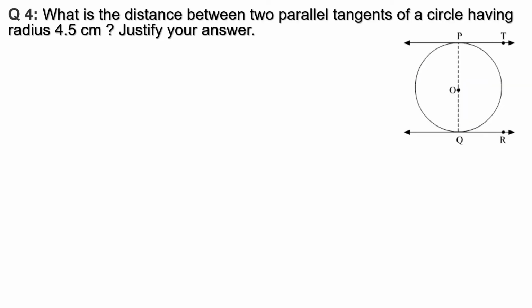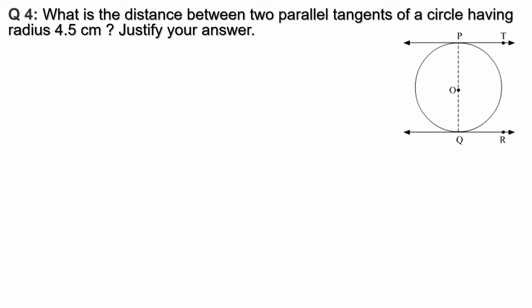Question number 4, which is the last question from this practice set 3.1. What is the distance between two parallel tangents of a circle having radius 4.5 cm? Justify your answer. Observe the diagram.